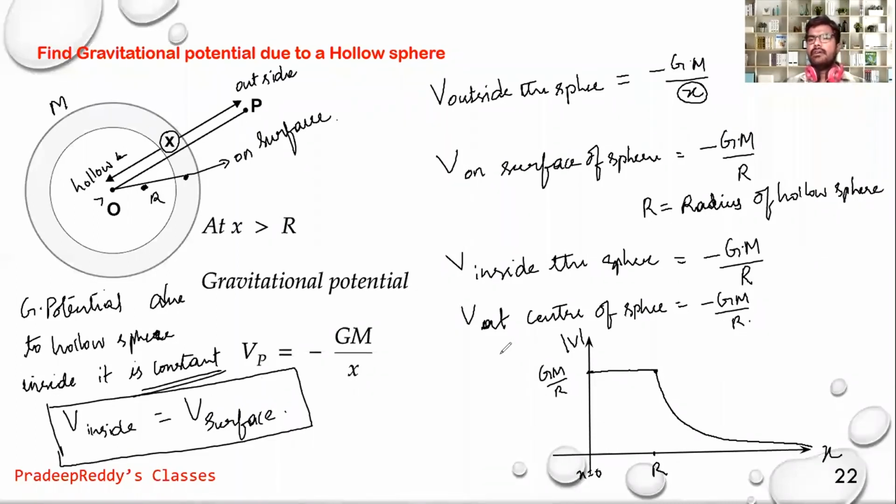On the surface, whatever the value of potential we have, inside also you will be having the same gravitational potential due to this hollow sphere.